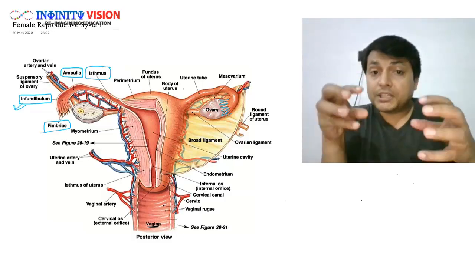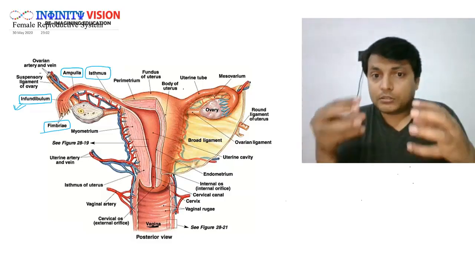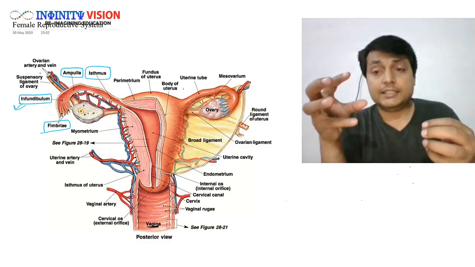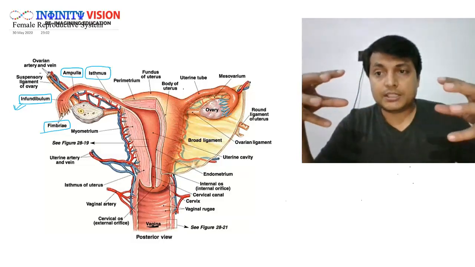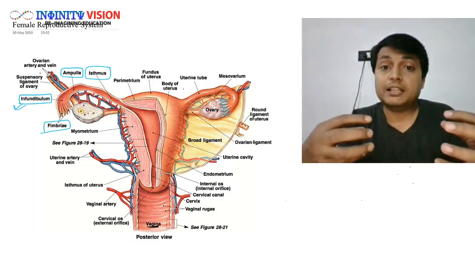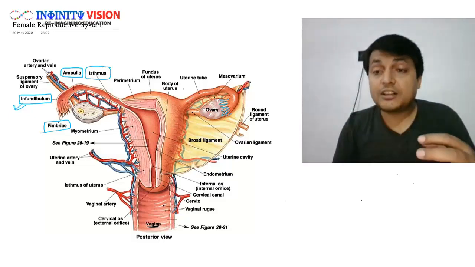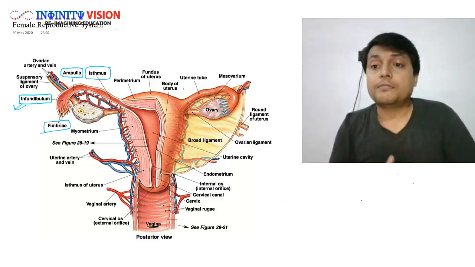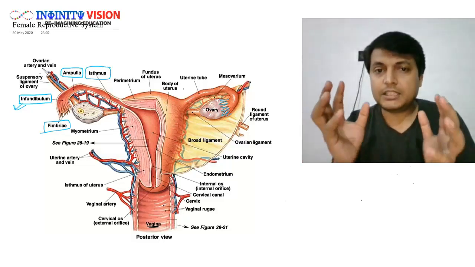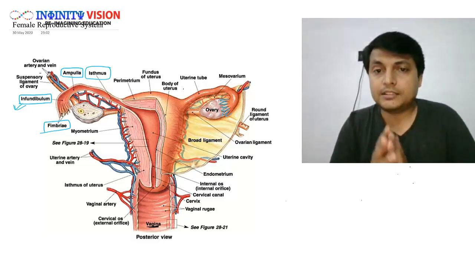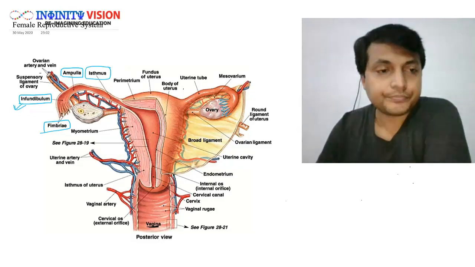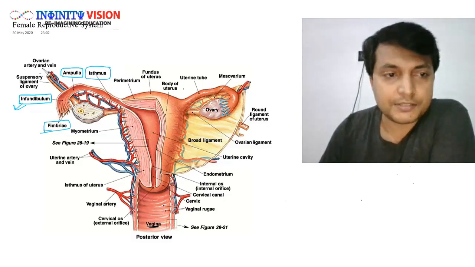So that once ovulation occurs, once the ovum comes out of the ovary, it will be collected. This is hovering over the ovary so as to minimize the chance of the ovum drifting away from the fallopian tube. They have to catch the ovum, and the best way is to partially cover the ovary. Great.